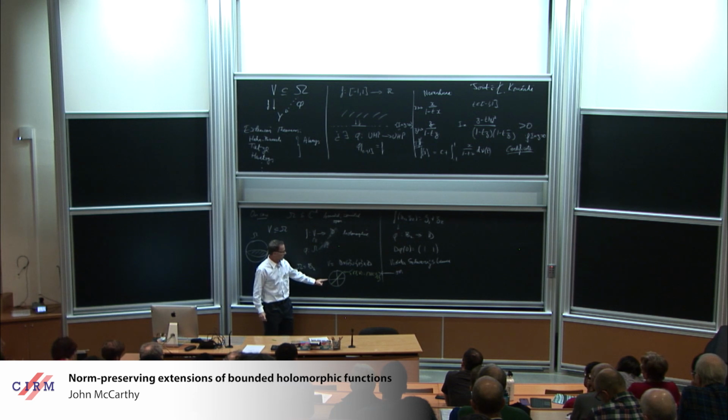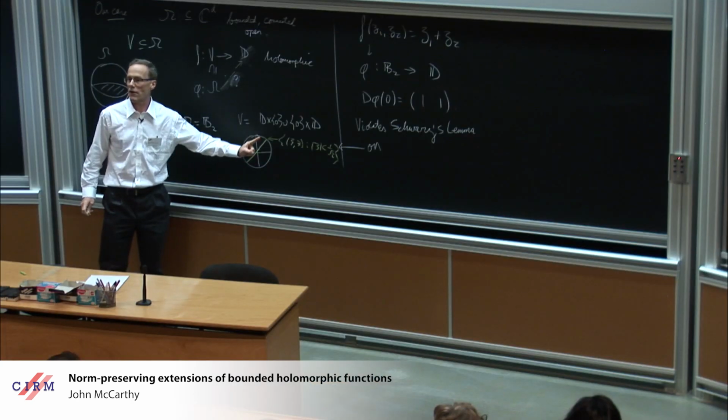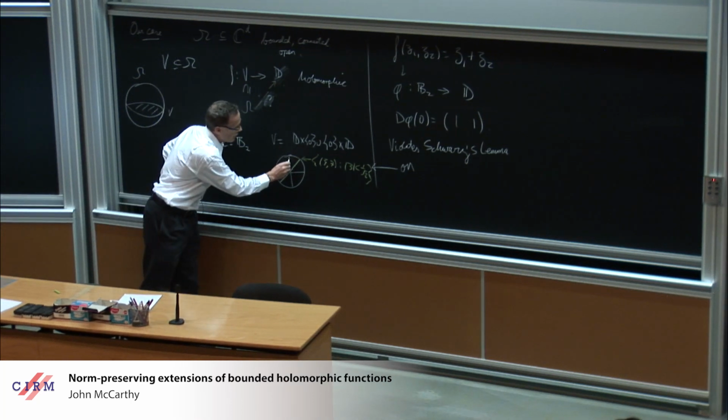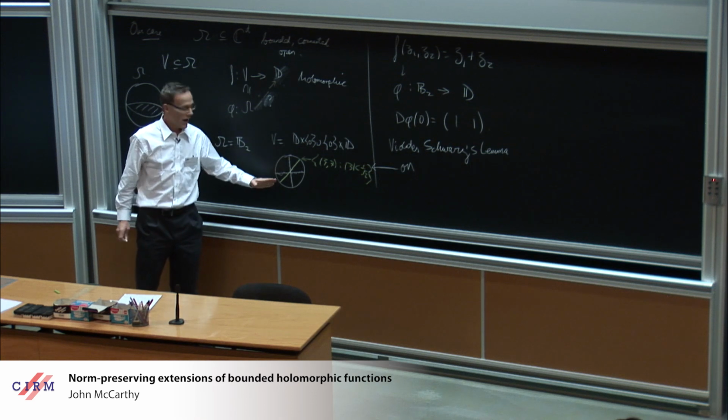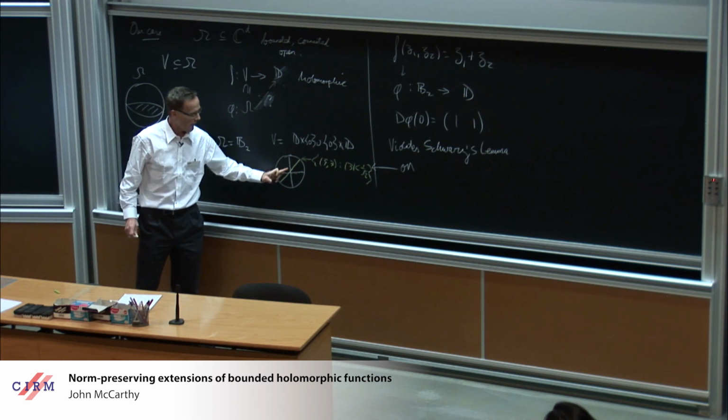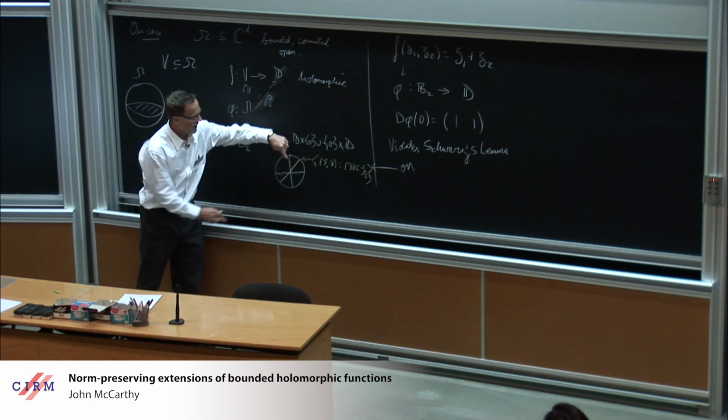The holomorphic functions can see something in this direction, which is hidden from the set V. So on the set V, you're only allowed to calculate norms here and here, but because of the rigidity of holomorphic functions, when I know the derivative in this direction here, I get something.